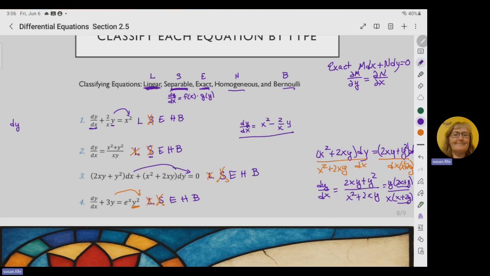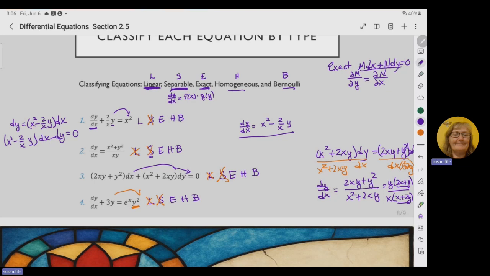I'm going to take this and multiply by dx to get dy equals x squared minus 2 over xy dx. And then bring the dy over. I'll get x squared minus 2 over xy dx minus dy equals 0. And now this is written in terms of differentials.